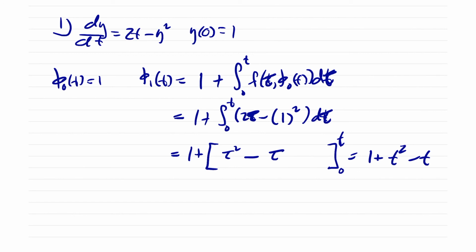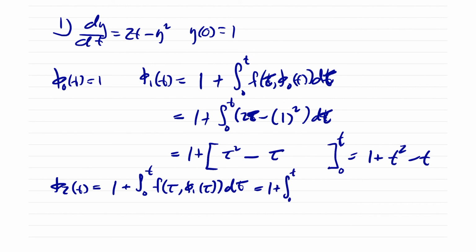Okay, cool, so that's phi 1, and so that's one iteration. And say phi 2 then of t is equal to 1 plus the integral from 0 to t of f of tau comma phi 1 of tau d tau, and then this is going to be 1 plus the integral from 0 to t of, let's see, we have 2 tau minus tau squared minus tau plus 1, quantity squared, d tau, and this is probably as far as I'm going to go.